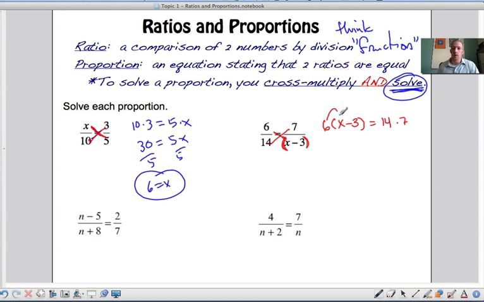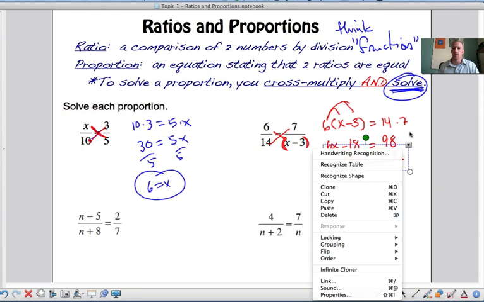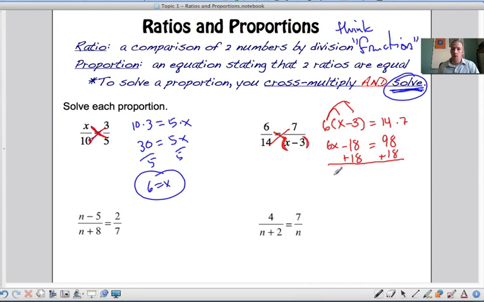Okay? So now we've got to distribute and solve just like we did in the last unit. 6x minus 18 equals 14 times 7, which is 98. So now I'm just doing the steps we would do to solve an equation because we've got an equation set up. So I have 6x equals 116, and I divide by 6.